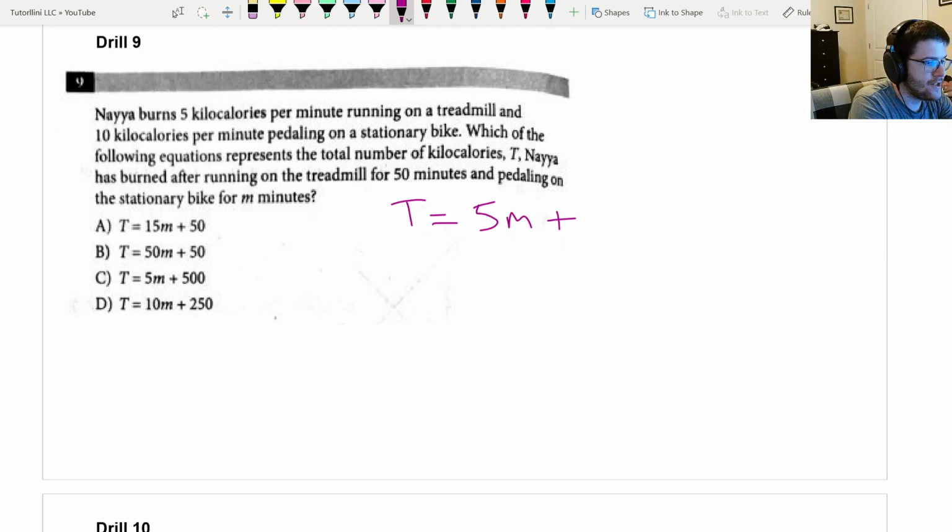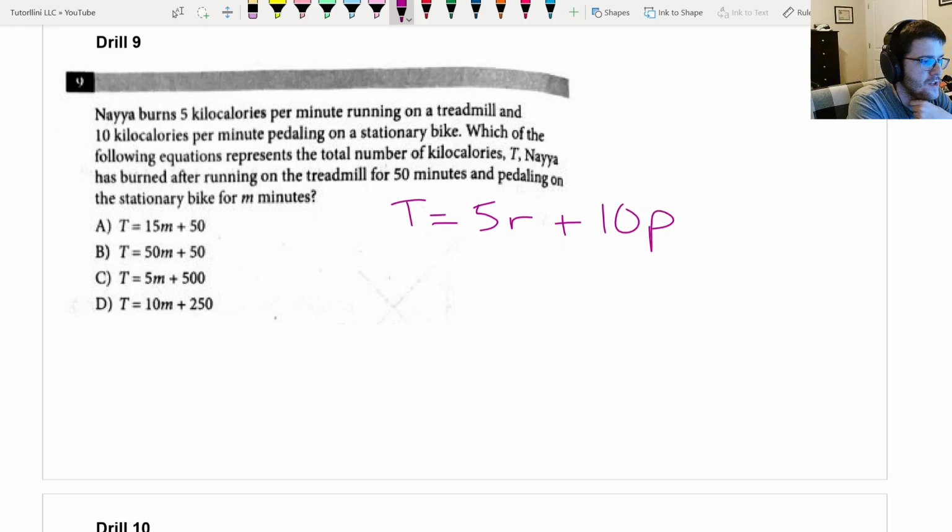And then 10 kilocalories per minute times m minutes. Or how about I call it, I don't know, R for running. And then P for pedaling. I don't know.